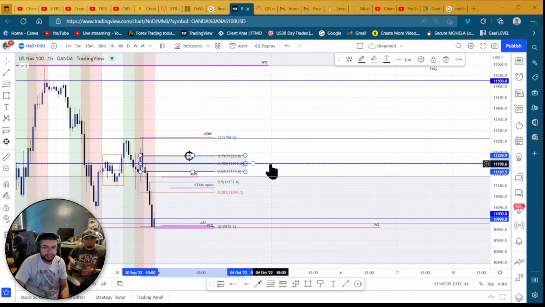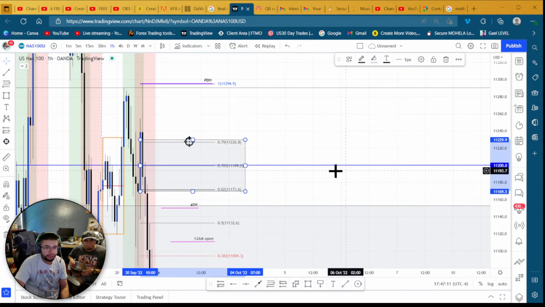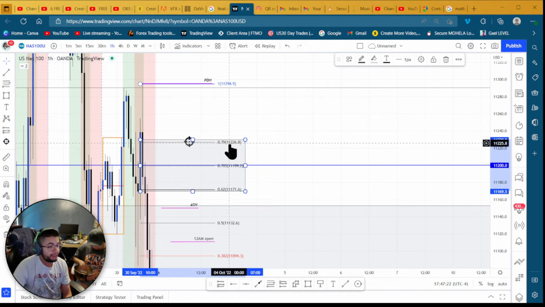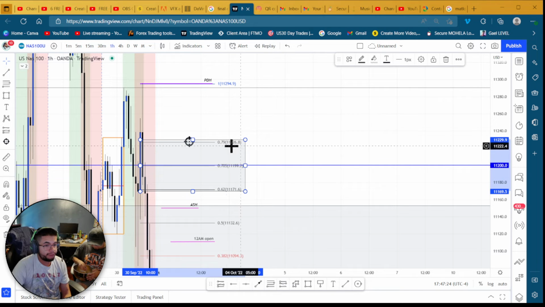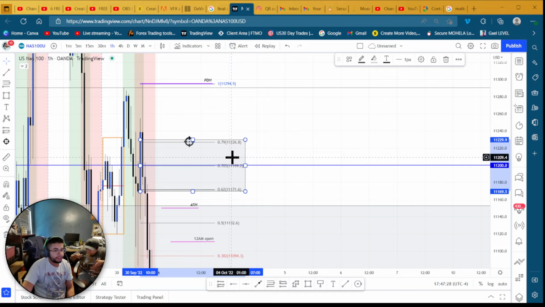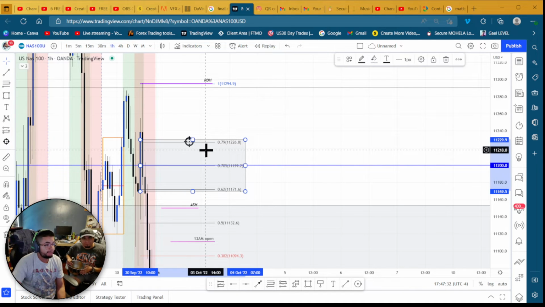Big figure levels at 12,200 or 11,200. Sniper entries 11,226, and I think on FTMO MetaTrader my pips are 10 pips off from what the charts are, so I'll be putting 11,236 maybe on MetaTrader instead of 226 because it's a 10 point discrepancy.